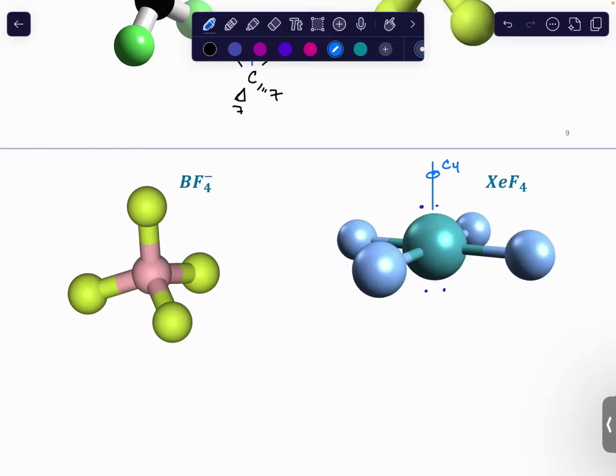Now this one is going to have C2 axes. Where will they be, and how are you going to label them? You'll have the primes in between the atoms, and then the double primes going through them, so you have two of each. There's one.